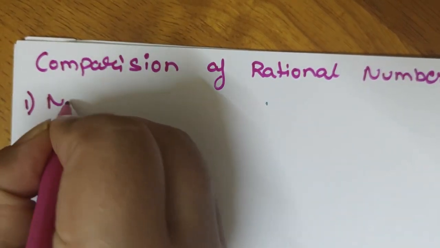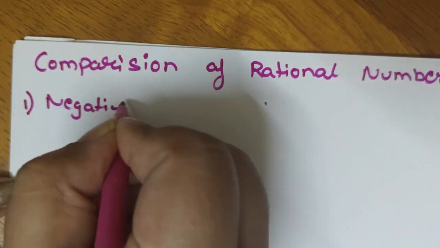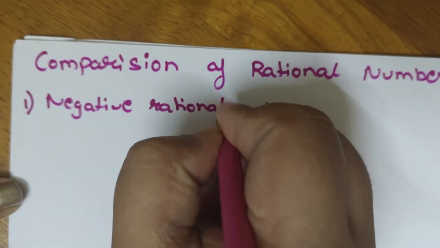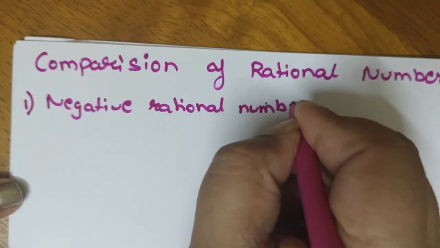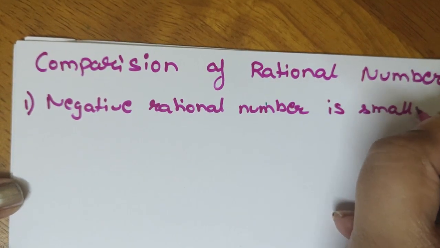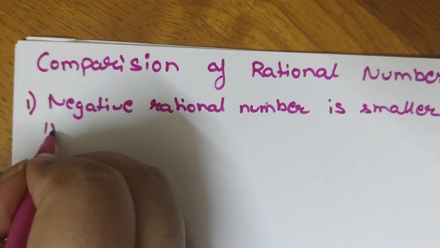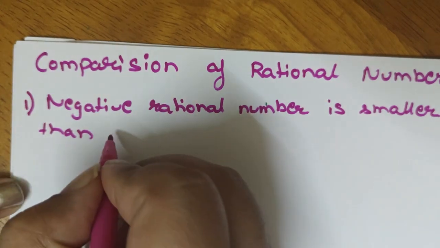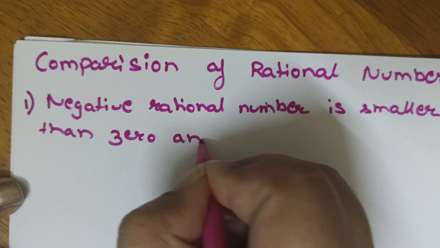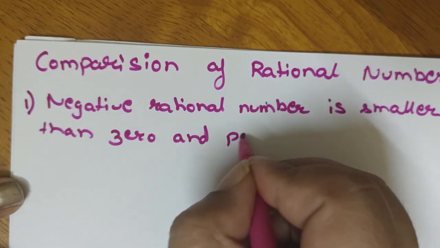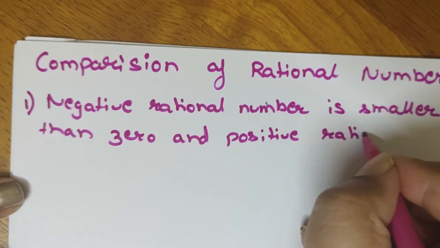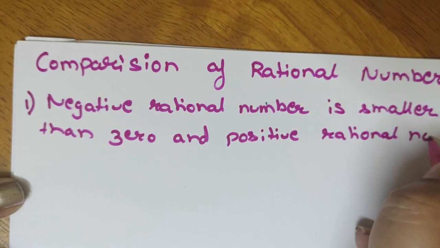So, a negative rational number is smaller than 0 and a positive rational number.